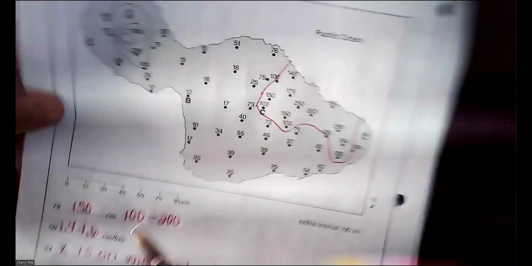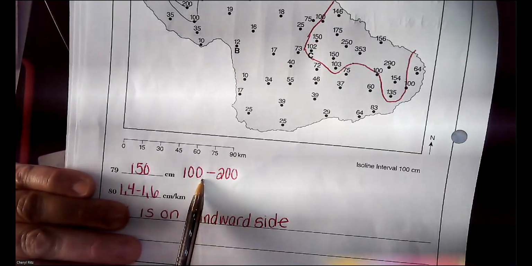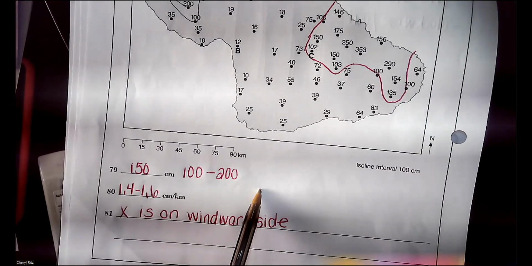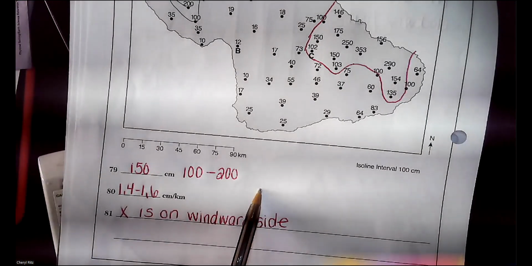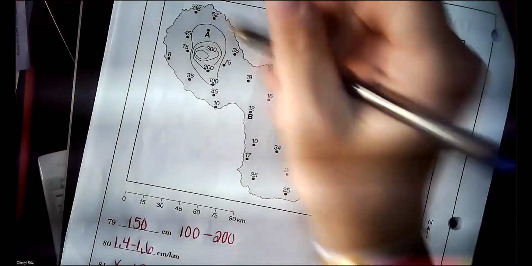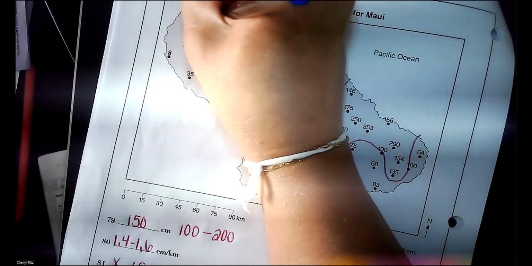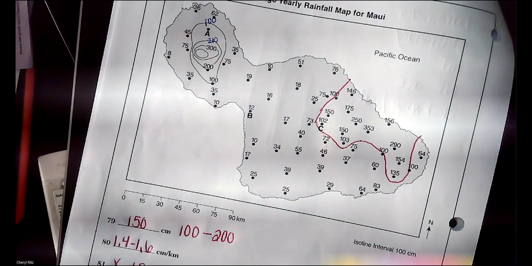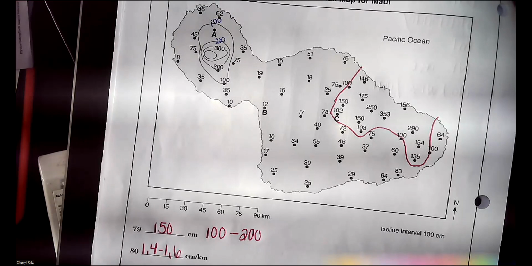For 79, I could have taken any number in between 100 and 200, because what letter was this asking about? Letter 79, location A. So notice here's the 100 line right there. There's the 200 line. Most of you probably put 150, right? So you can't put 100, because it's not on the 100 line.